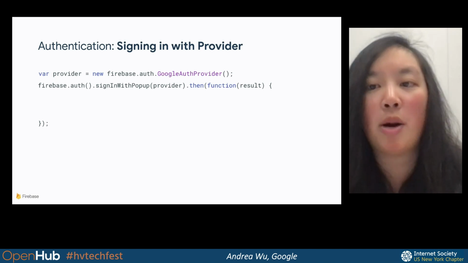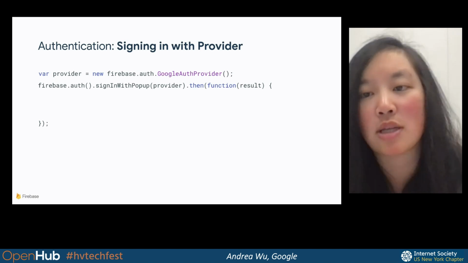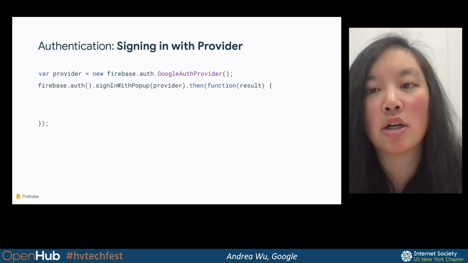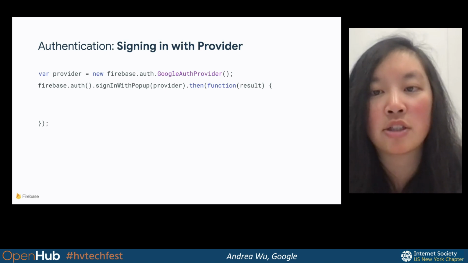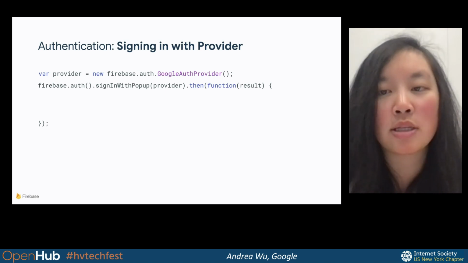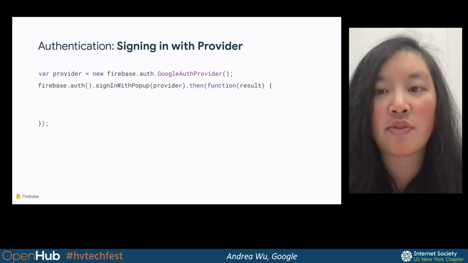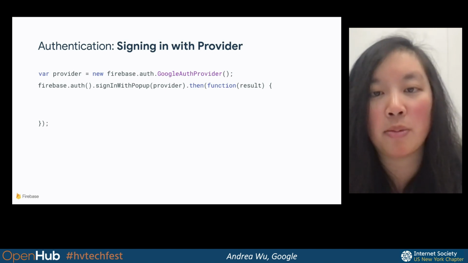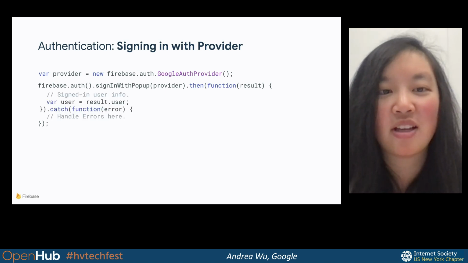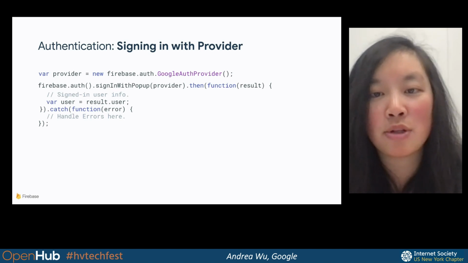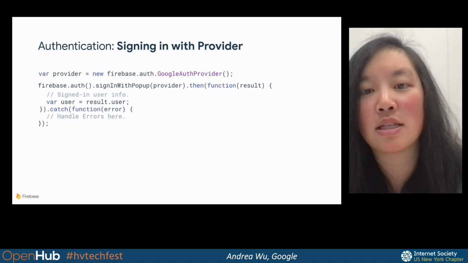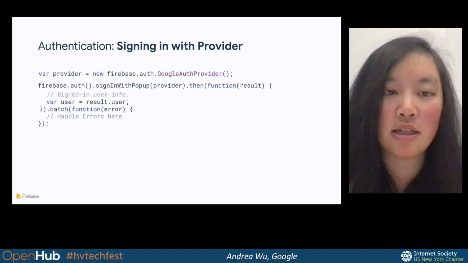We can either open a pop-up window or redirect them to a sign-in page. And what's shown here is signing in with a pop-up. And we can pass the provider into that function call. Basically, what this is doing is saying use Firebase Auth to sign in with a pop-up using the Google provider. Once we do that, we can also handle the cases of the user being successfully signed in versus not.